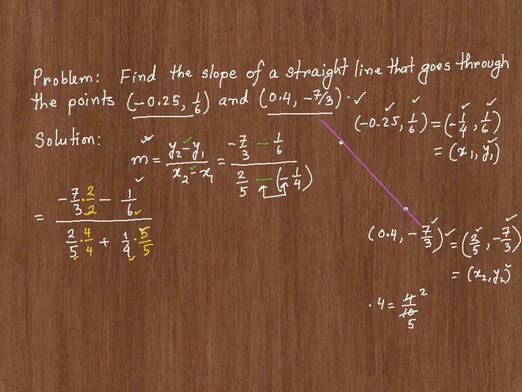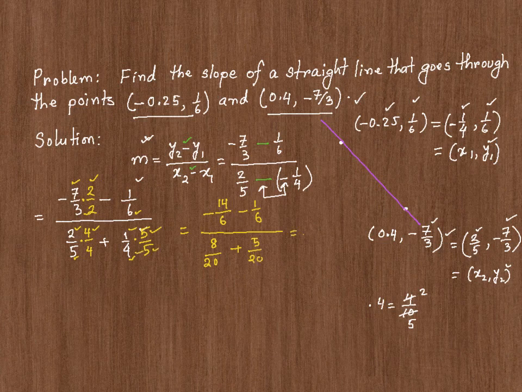Now I have a situation where I can simplify things. In the numerator, it's going to be 2 times 7, 14, with a negative sign in front, divided by 6, minus 1 divided by 6. In the denominator, 4 times 2, 8, divided by 20, plus 5 times 1 is 5, divided by 5 times 4 is 20.